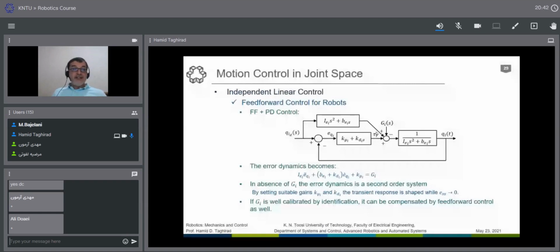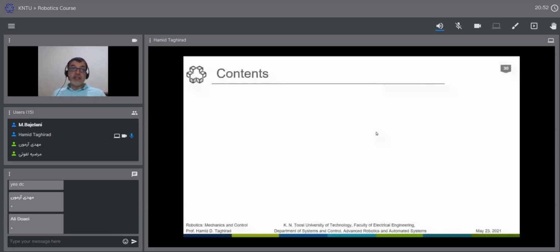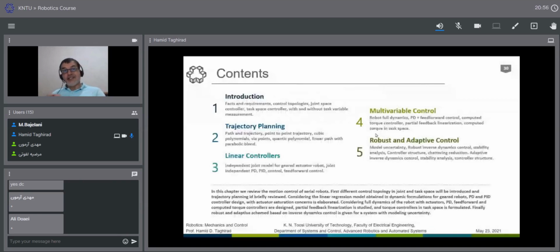But this is not the end of the linear controller. Of course, you need some more advanced linear controllers to be designed as well. Maybe one of the most significant ones, since we have a model for the system but the model is not accurate, is a robust H-infinity linear controller, which we have also implemented in many of our robots.